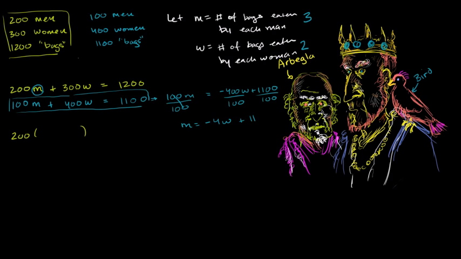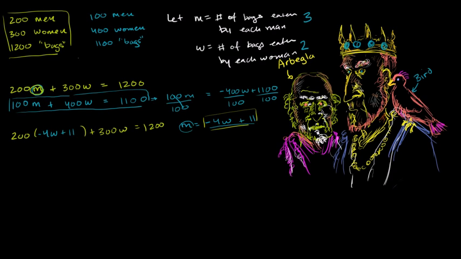So instead of writing an m, we substitute the value for m. We substitute for m the expression negative 4w plus 11. So negative 4w plus 11, and then we have the rest of it, plus 300w is equal to 1200. So just to be clear, everywhere we saw an m, we replaced it with this right over here in that first equation.